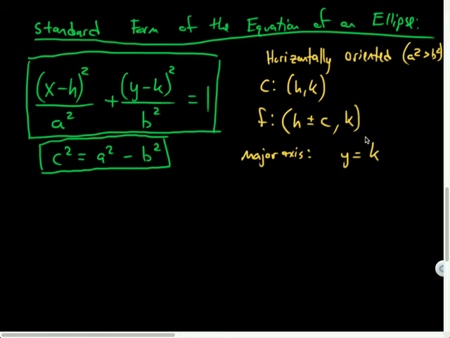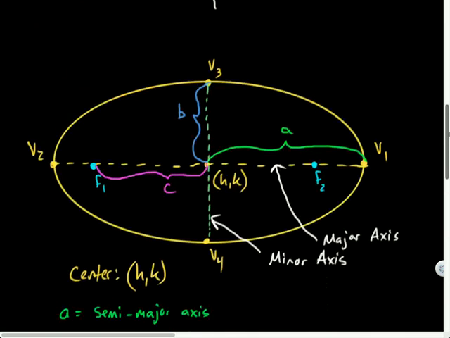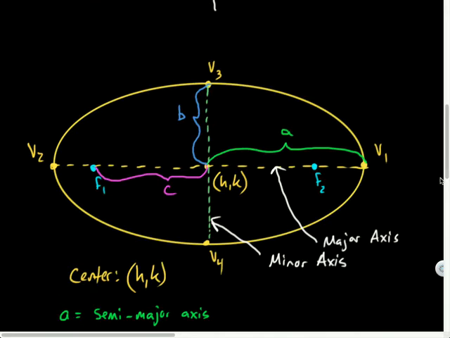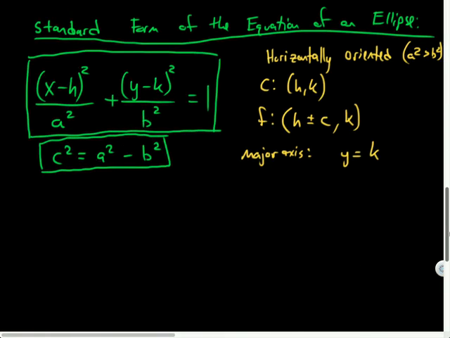It's an equation representing all points on that horizontal line. The minor axis is going to be x equals h. So it's the vertical line that passes through the x coordinate of the center.